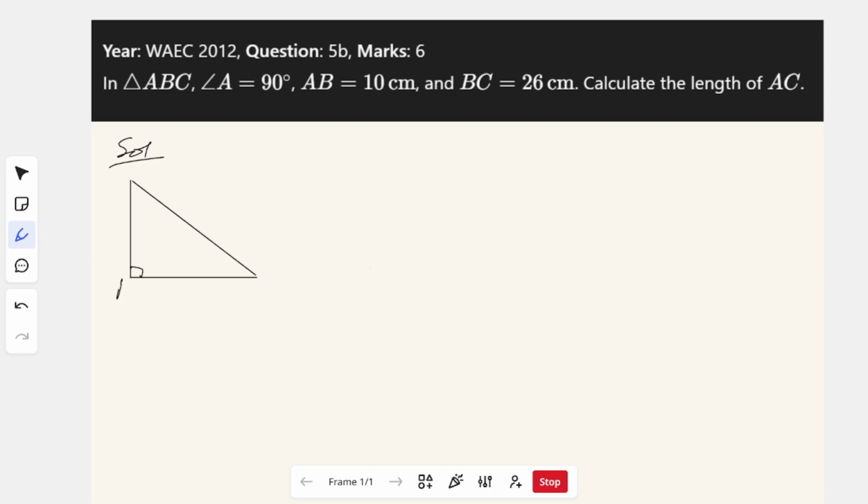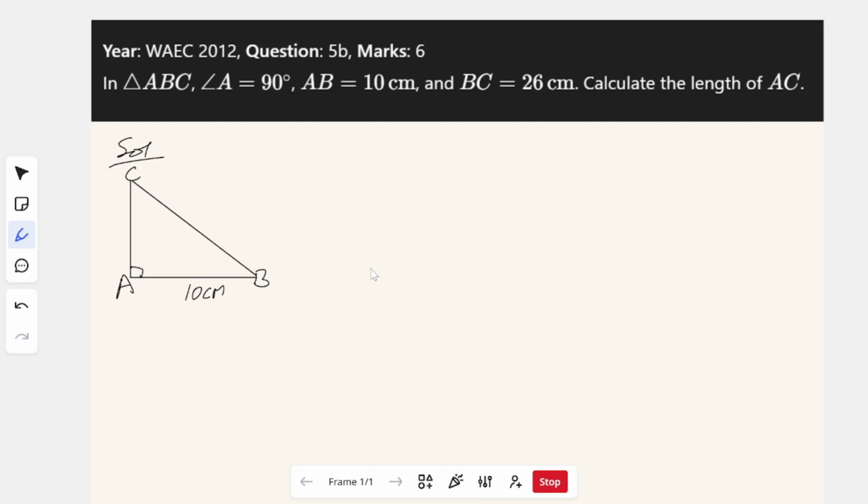So that's to say this point is going to be A, while we have this to be B, and we have this to be C. Line AB is 10 centimeters. That's to say from this point down to this point is 10 centimeters. So let's have it there, 10 cm, right?